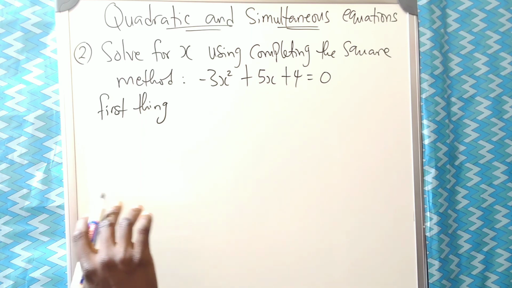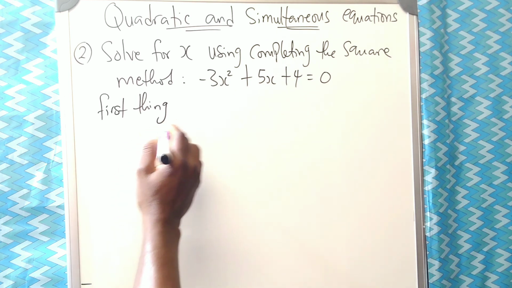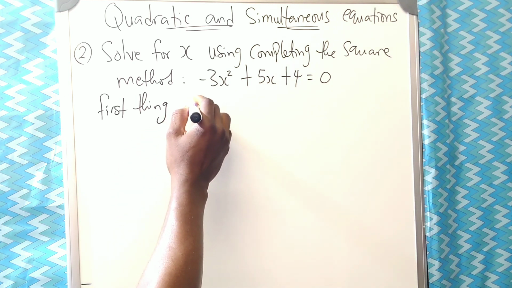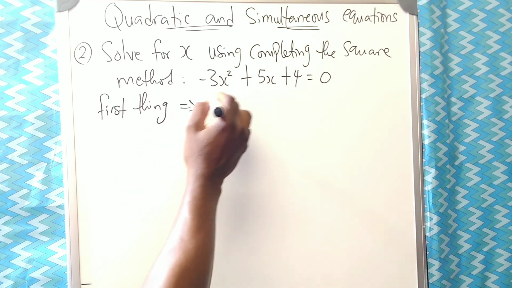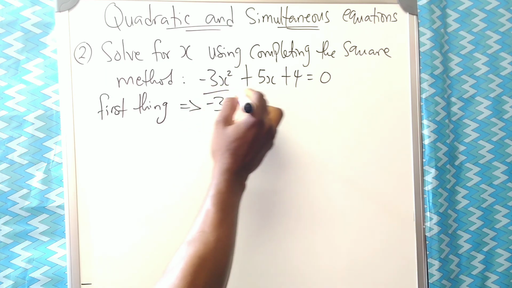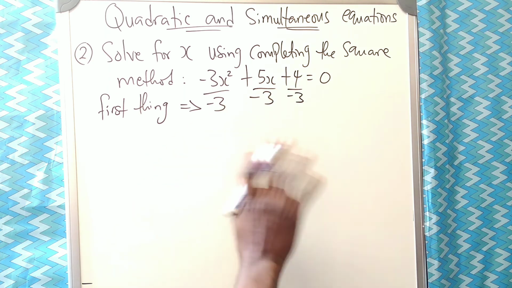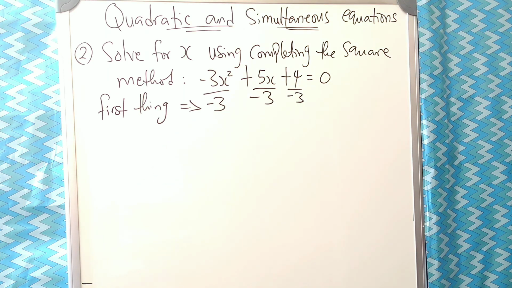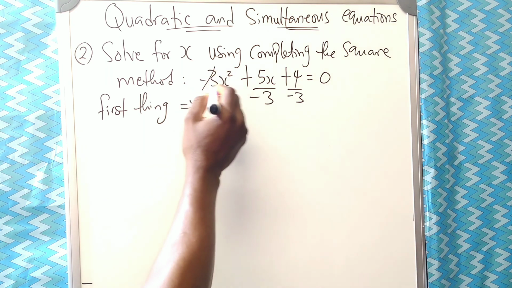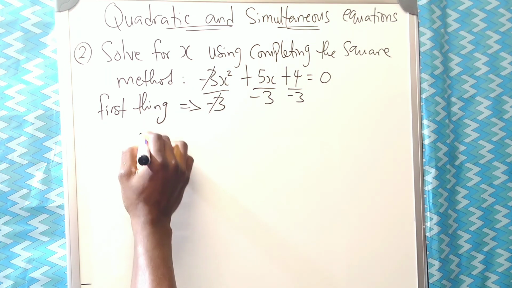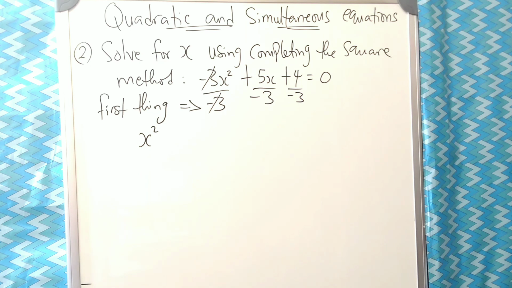So first thing, we divide both sides by minus 3, all through. When we divide both sides by minus 3, definitely the coefficient of x squared becomes 1, which is actually what we are looking for, to make our solution very easy.